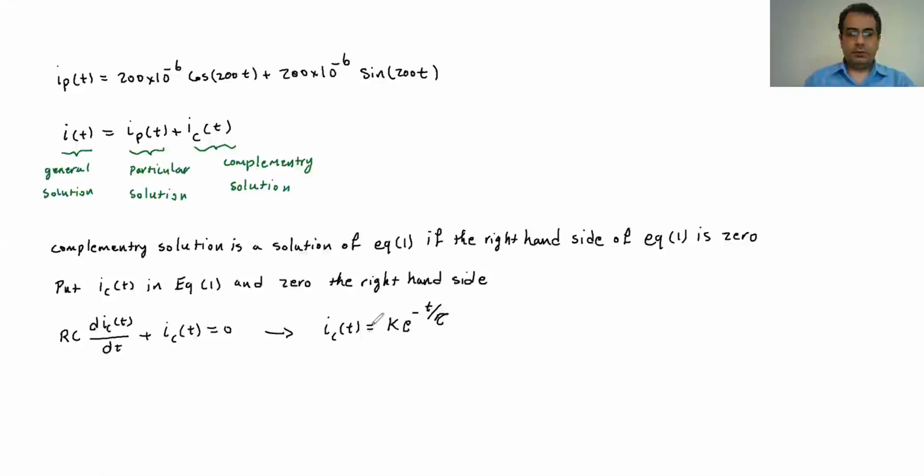So now I'm going to substitute the complementary solution in the general solution. Let's put i_p(t), the particular solution, and i_c(t) in the general solution.